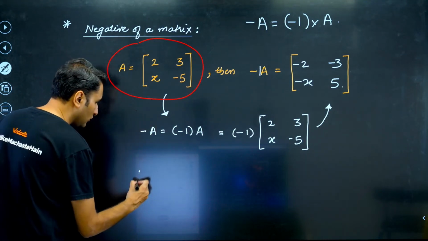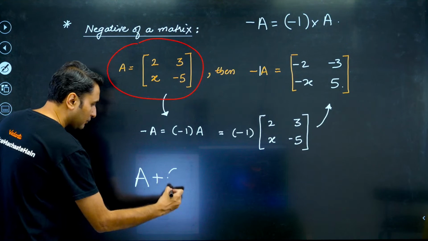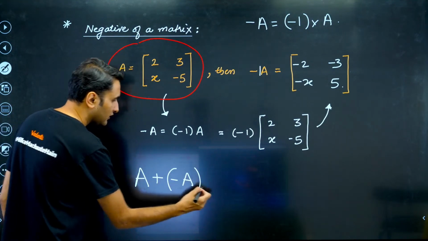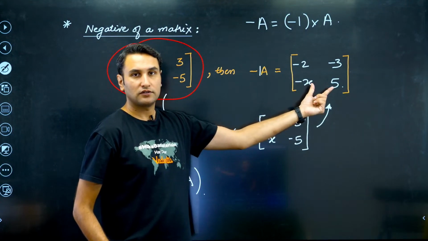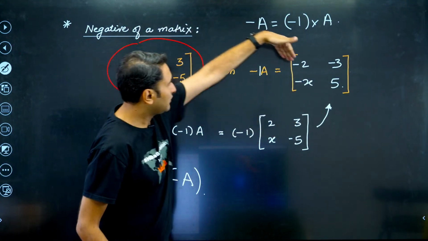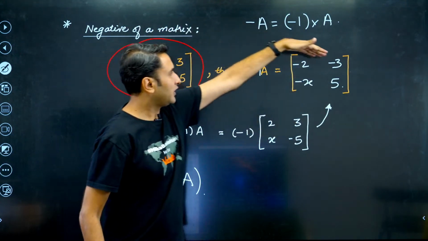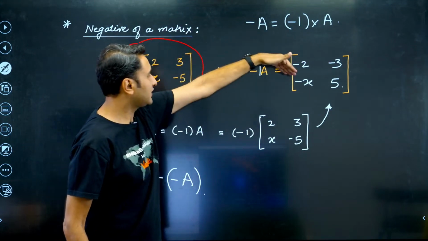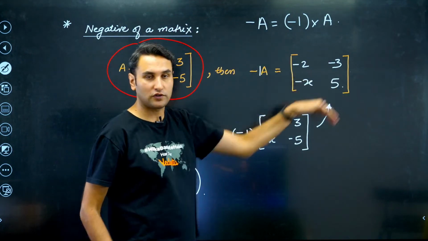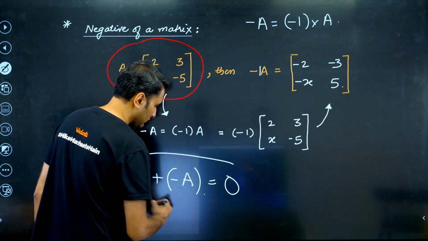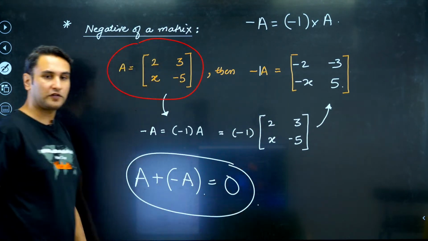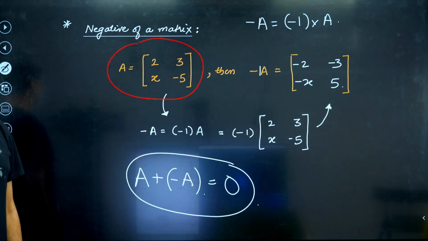And we also know now A plus minus A. If you add this and this: 2 minus 2 is 0, 3 minus 3 is 0, x minus x is 0, minus 5 plus 5 is 0. So A plus minus A will give you what? A zero matrix.